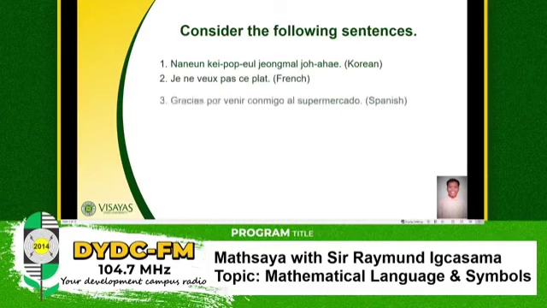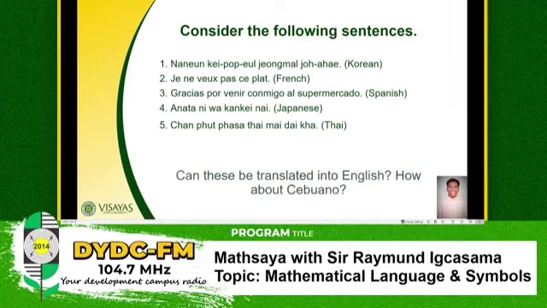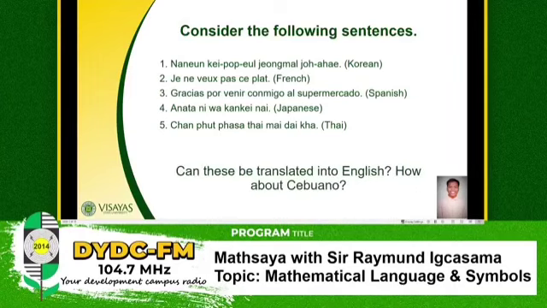So we have 5 sentences here, and these are actually languages from different countries: Korean, French, Spanish, Japanese, and Thai. Now the question here is, can this be translated into English? How about Cebuano?